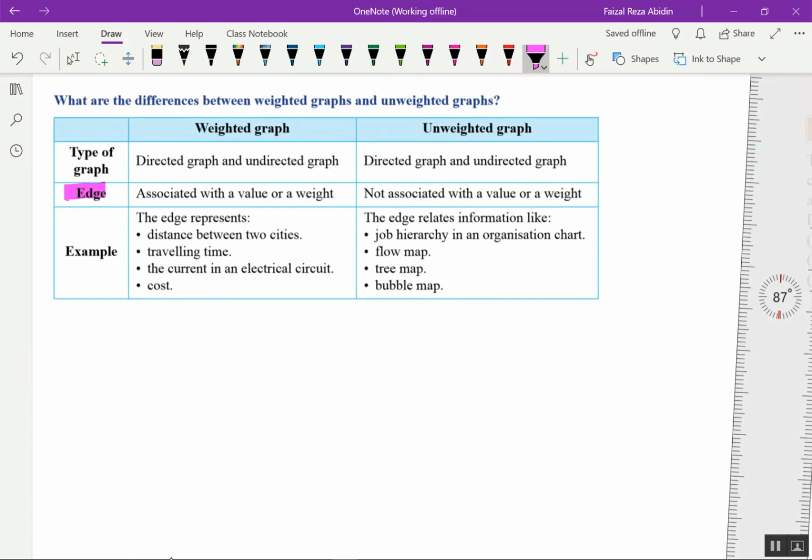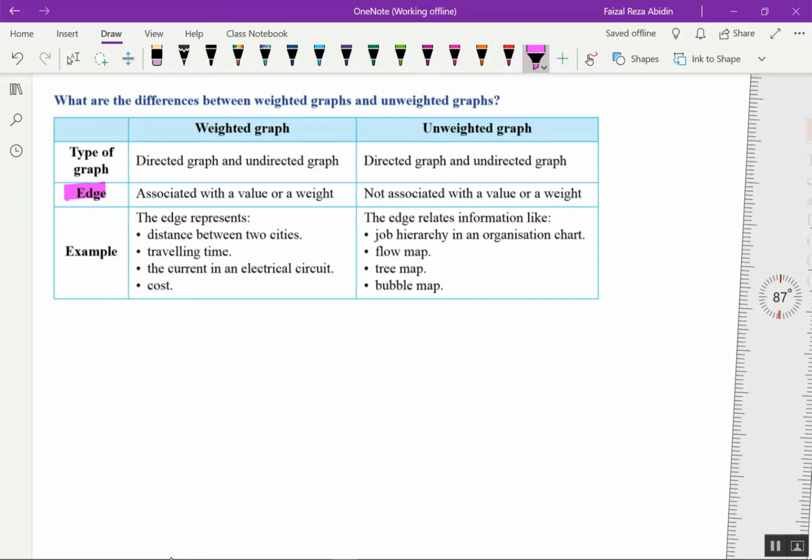Okay, this one associated with a value or a weight. Okay, given there a value. But for unweighted graph, not associated, not given any value or weight. Okay, for example, for weighted graph is distance between two cities, traveling time, the current in electric circuit, or cost.